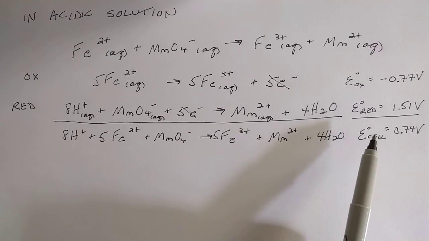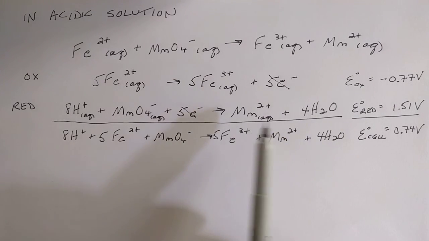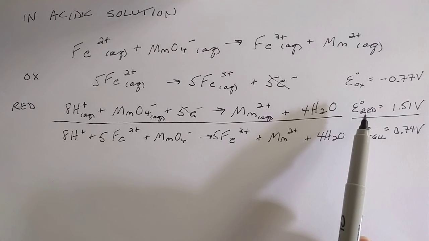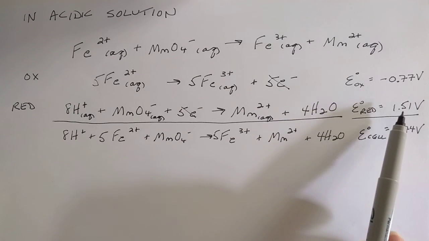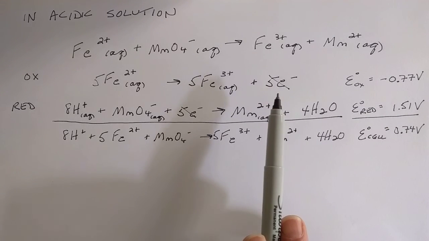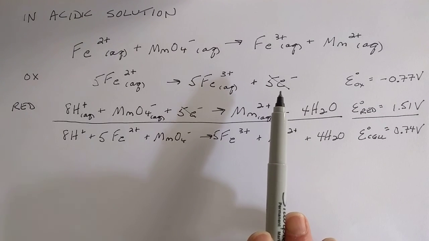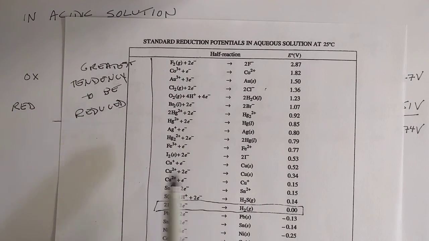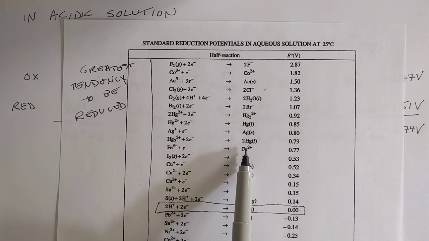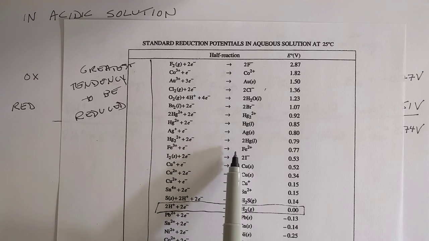To get the E0 for the cell, the E0 for the reduction, this value is not on your standard reduction potential chart. I got this out of your textbook in the chapter on electrochemistry, and we have 1.51 volts. For the oxidation, I did get this value from the chart. So we have Fe2 plus going to Fe3 plus and an electron.